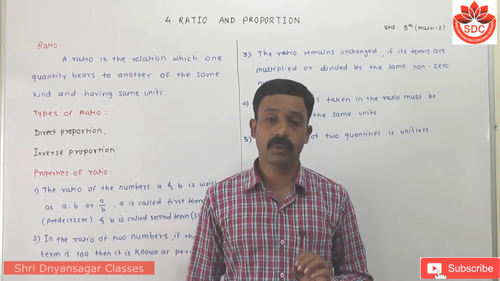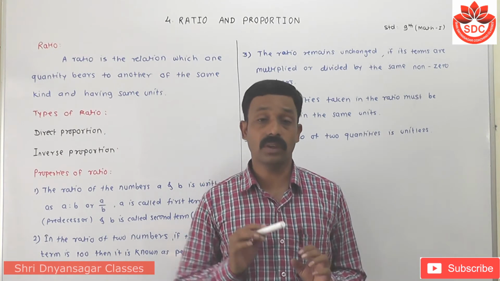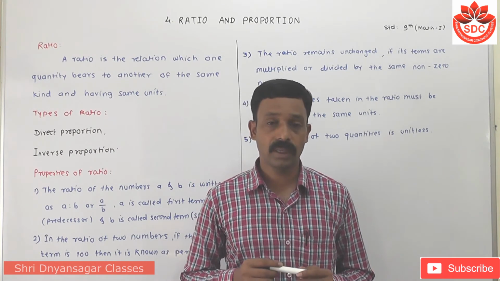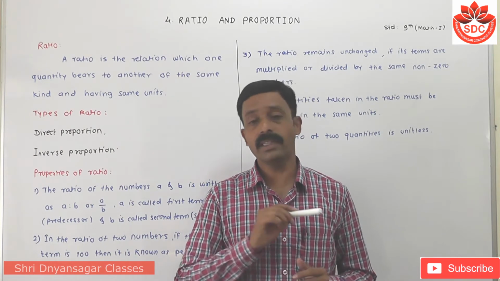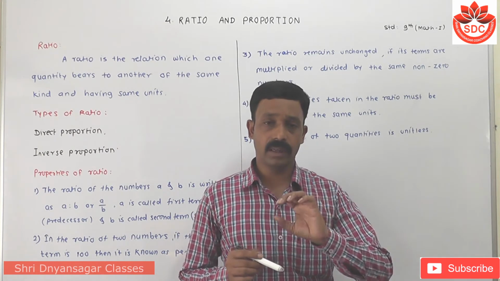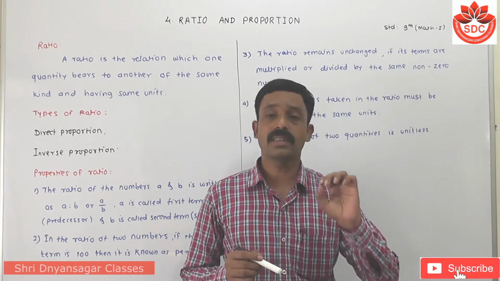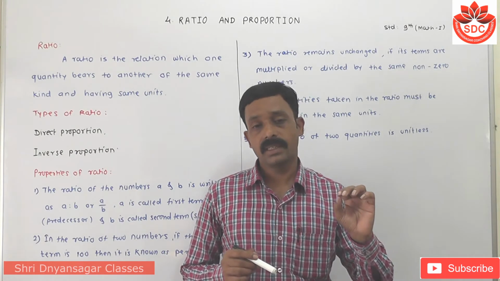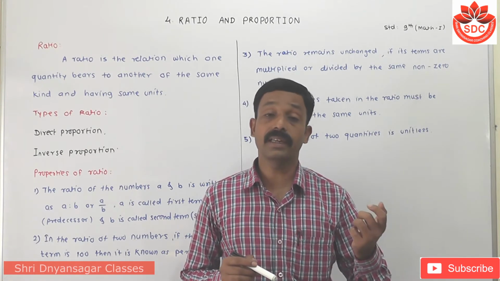What is meant by direct proportion? If in two quantities the ratio is constant, meaning their division is constant, then there is direct proportion, and if the product is constant, then there is inverse proportion. For example, a vehicle travels 30 km in 2 liters, 90 km in 6 liters, and 150 km in 10 liters.